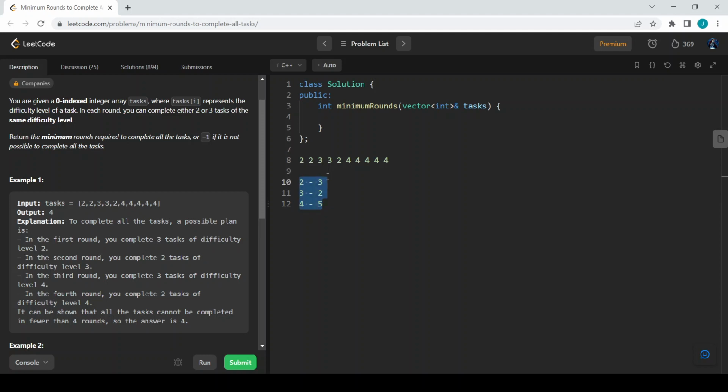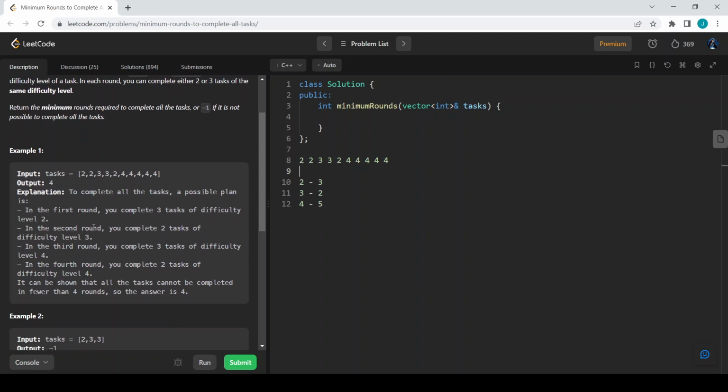So by this we know each difficulty level, and we have taken the frequency of all the tasks. The explanation says a possible plan is: in the first round you complete three tasks of difficulty level 2. Since there are only three tasks of difficulty level 2, we complete them in one round. In the second round you complete two tasks of difficulty level 3.